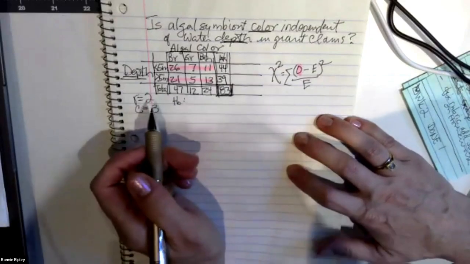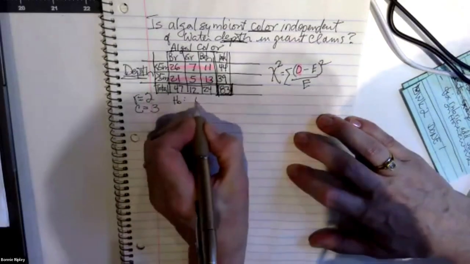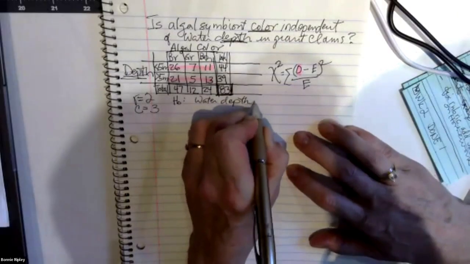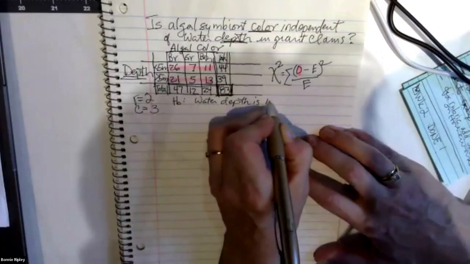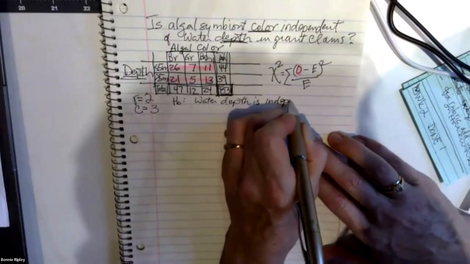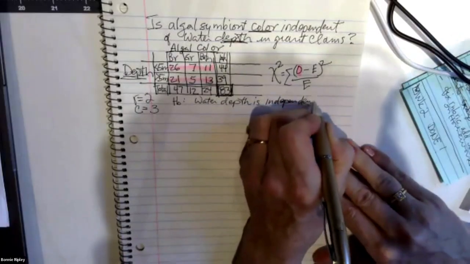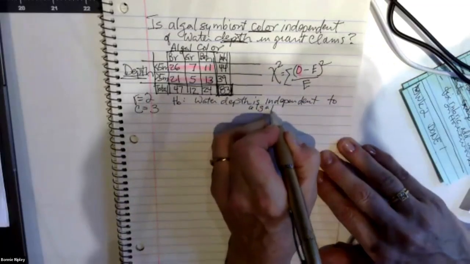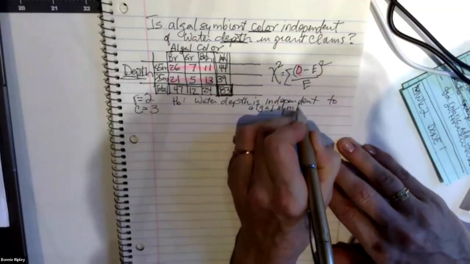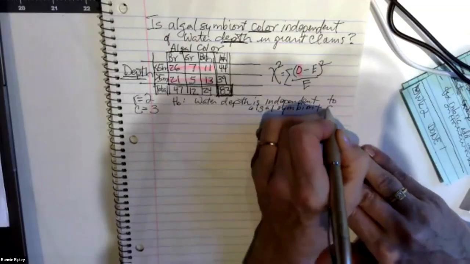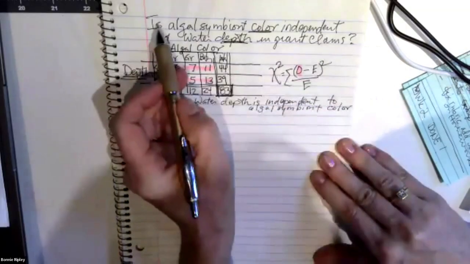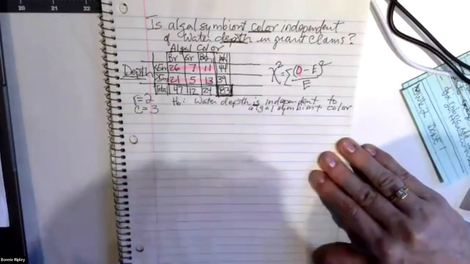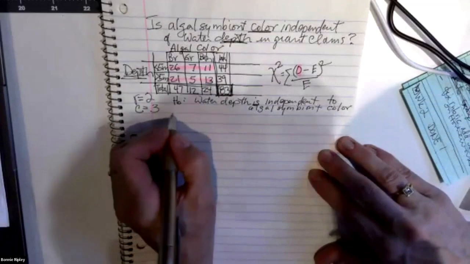So water depth is independent of algal symbiont. Our research question is a question. Our hypothesis is a statement. We're saying it is, right?